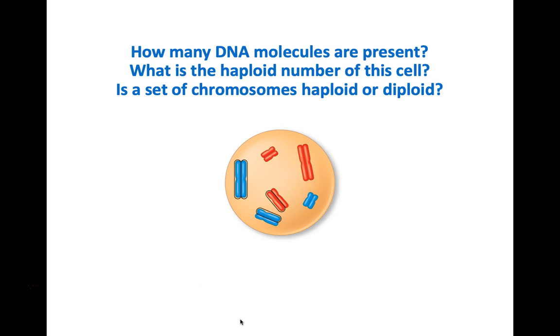So here we have our diploid number of 2n equals 6 for 6 total chromosomes, 2 copies of each, and a haploid number of 3. 3 types of chromosomes. If this were to go through meiosis, each of those cells would get 1 large, 1 medium, and 1 small at the end.